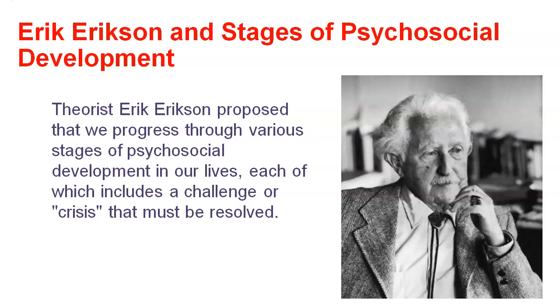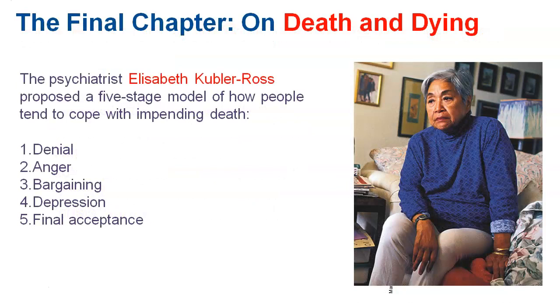So these are all the different crises that people could go through at different stages in their life. Then we have Elizabeth Kubler-Ross, who had the theory of how most people cope with death and dying. I had the fun little video from Robot Chicken with the giraffe that was going through all the stages of grief, as it's also commonly referred to.